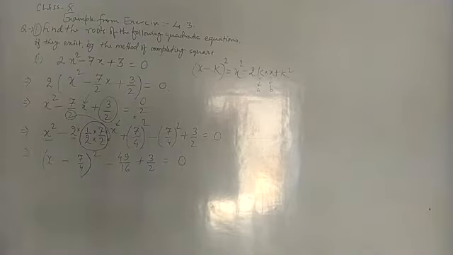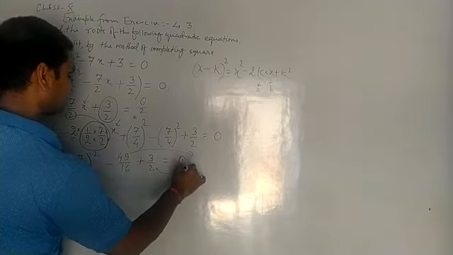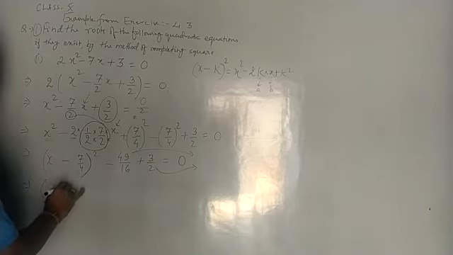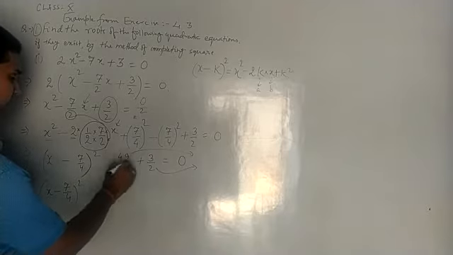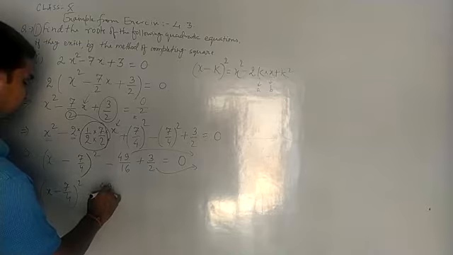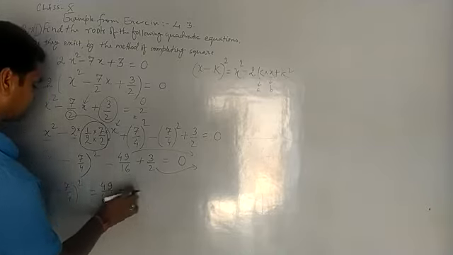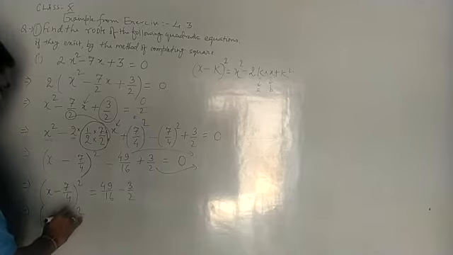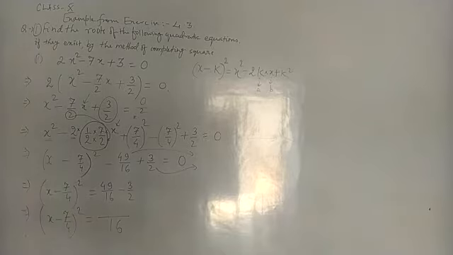Now will we transpose these two constant terms this side? It will change its sign. So x minus 7 by 4 whole square is equal to 49 by 16 minus 3 by 2. So look, what should it give us? The LCM of 16 and 2 is 16.